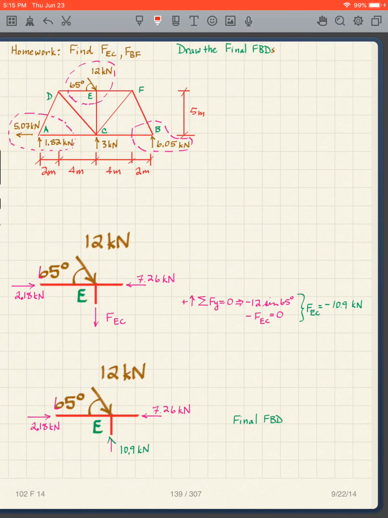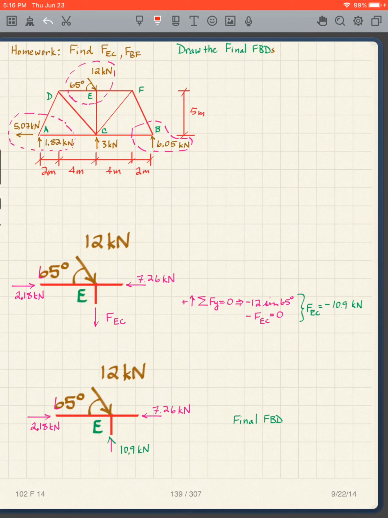So for these, the points may be the easiest way to do it. So if I take this one, let's do that one. Well, it gives me this free body diagram down here. And you can do some of this in your head.